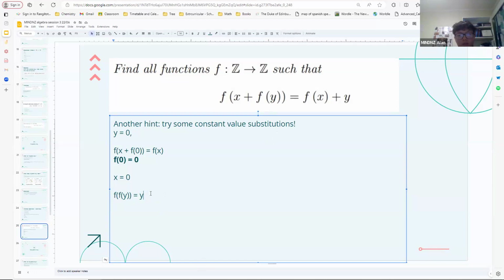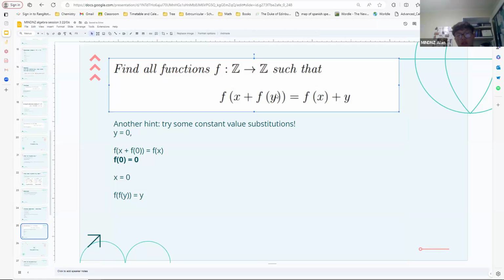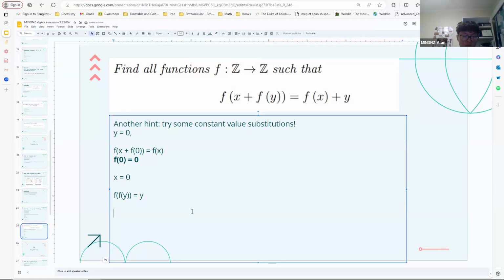This statement allows us to make a new substitution in this problem. So we know that we can substitute for constants, can substitute for expressions involving x, but we can also substitute for f of something.